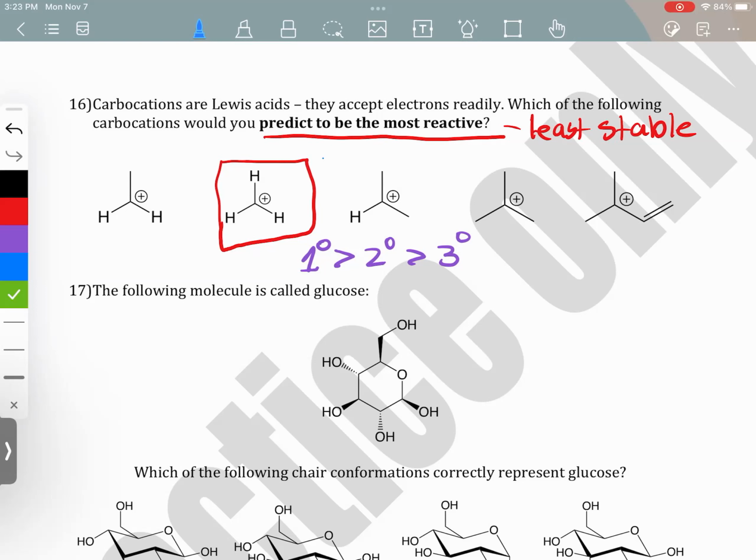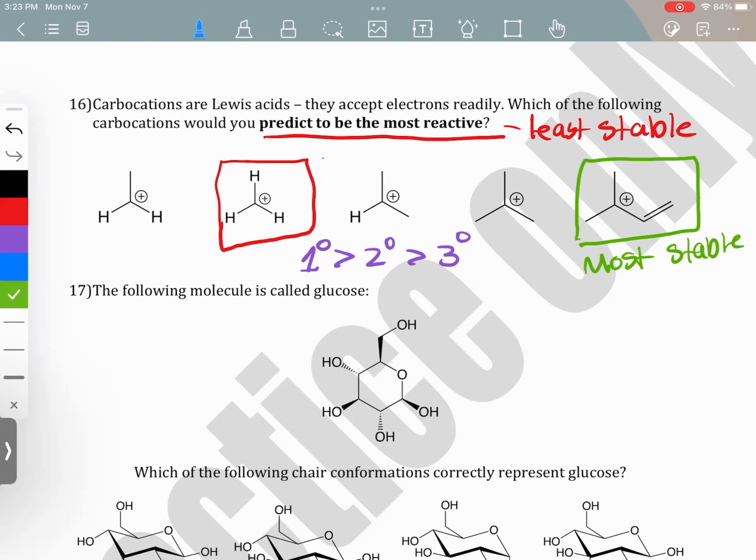And what can happen with that carbocation and the double bond? It can resonate. So anytime you go a step further into resonance, it always stabilizes very well. So this species here is the most stable because of the resonance.